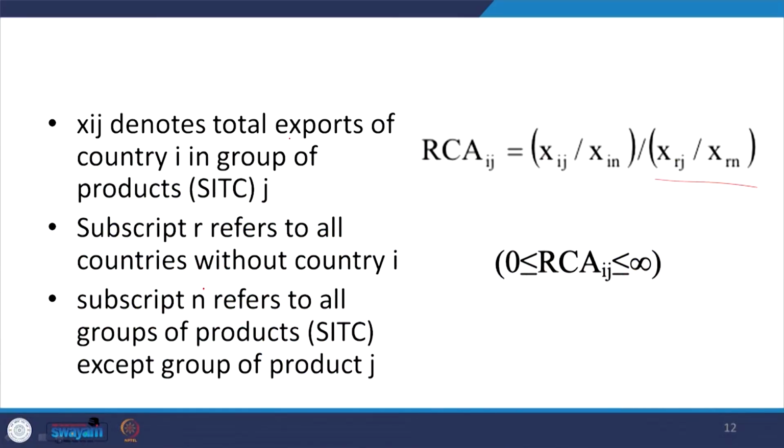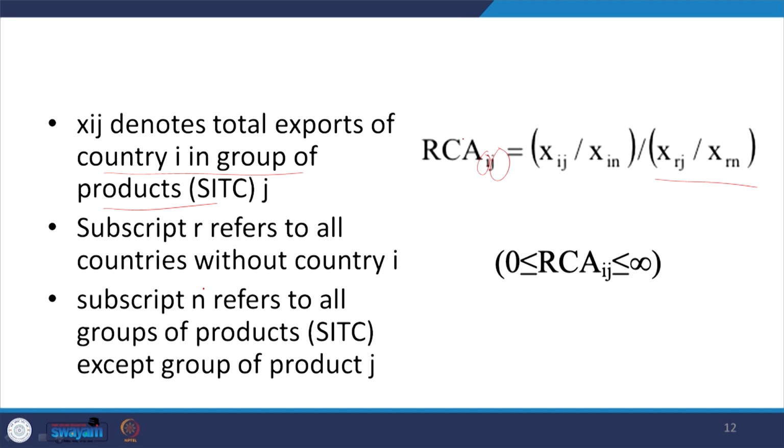So, now Xi denotes the total exports of country I in a group of products J, out of the total products. I stands for the specific country I, and J stands for the group of products.